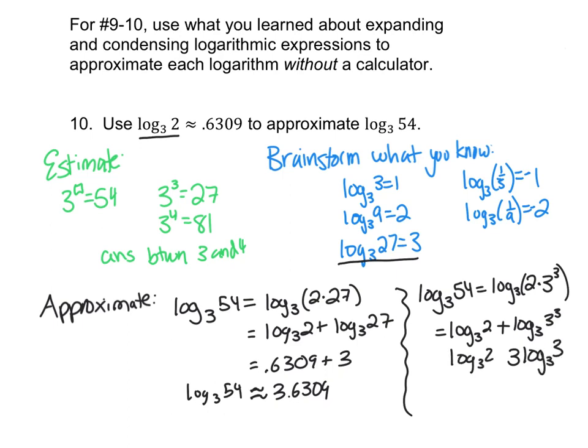We're going to reach the same answer because log base 3 of 2 is still approximately 0.6309. We know that log base 3 of 3 is 1, and we're multiplying it by 3. So in this case, we're going to get the same answer.